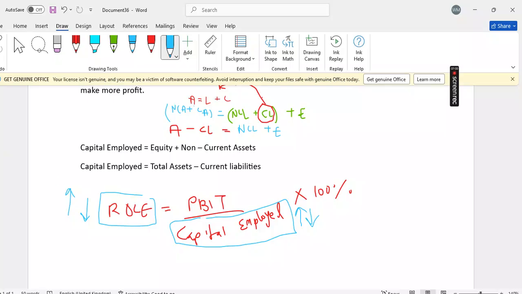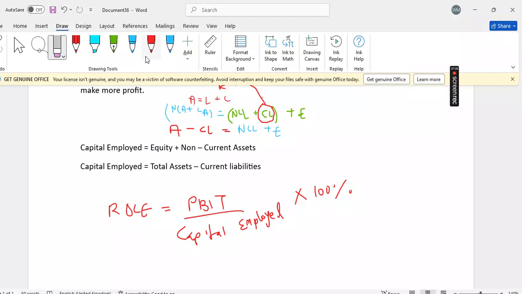Then if you look at the relationship between the operating profit and the return on capital employed, these two have a positive relationship. If capital employed doesn't change much or at all, and your operating profit grows, you can also expect your return on capital employed to grow.